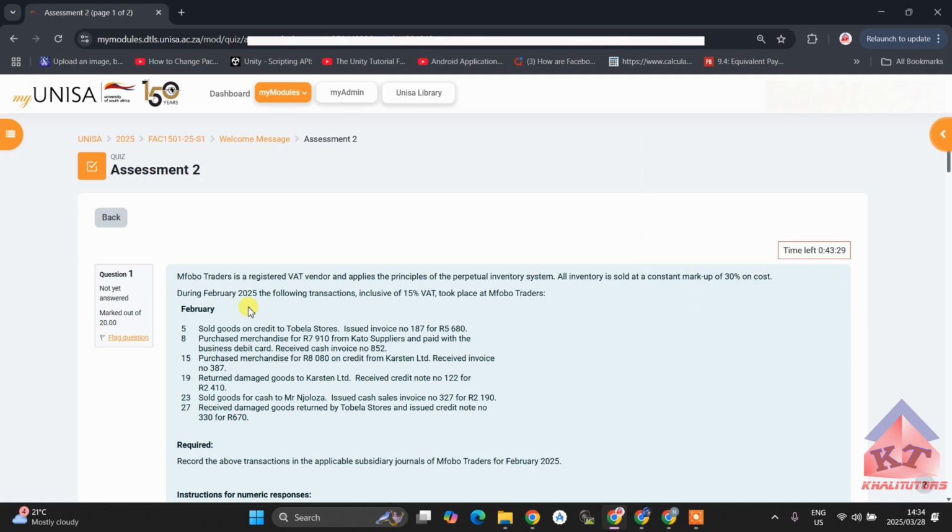Okay, they say on the 5th, they sold goods on credit to Thobela stores, issued invoice number 187 for 5,680. Okay, so whenever we sell goods on credit, we record this on our sales journals. So this information must go to our sales journals. Okay, take out your calculator and start calculating the VAT exclusive amount.